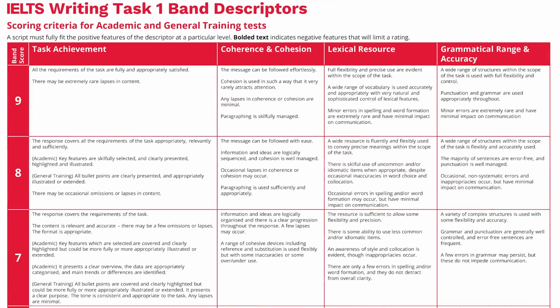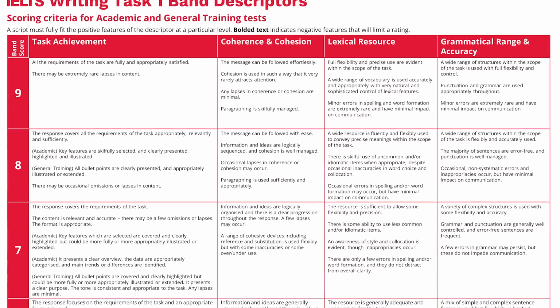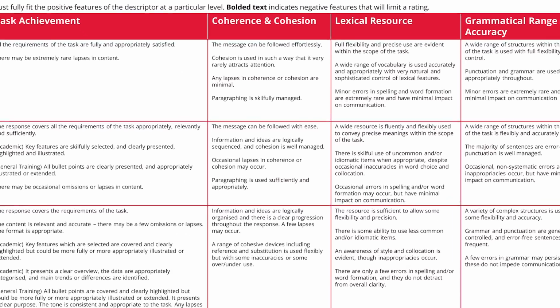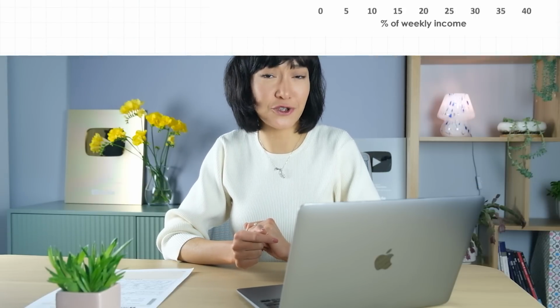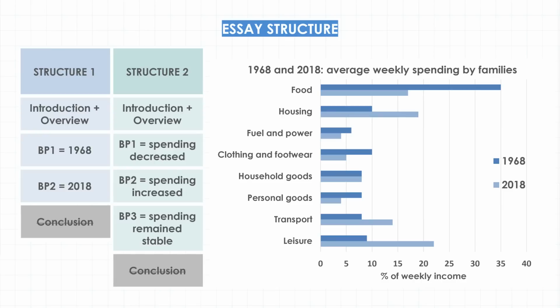And yes, your structure is important because the examiners do assess if information and ideas are logically organized and if paragraphing is used well. So knowing how important this structure is, you may ask, don't I have to write a conclusion? No, that's not necessary in task 1. Some people like to put the overview at the end as a kind of conclusion, and that's fine.